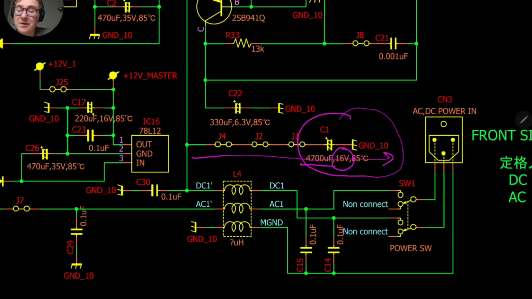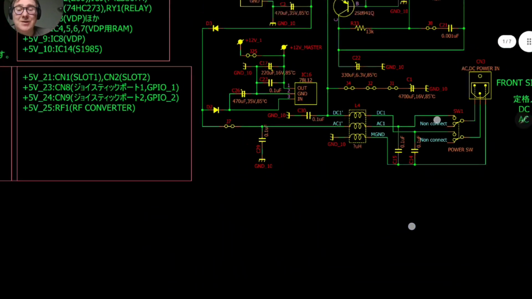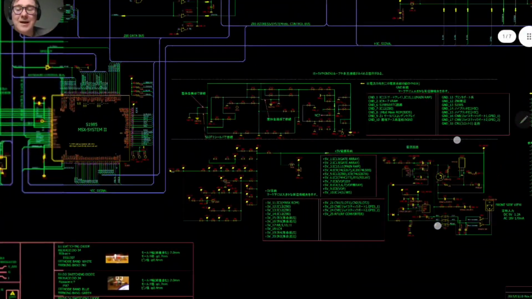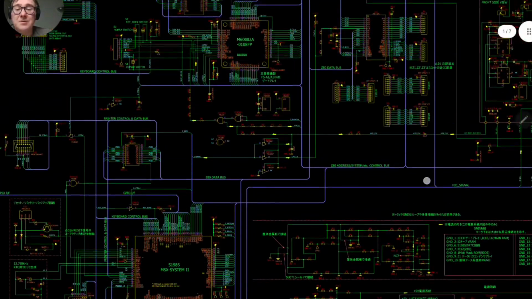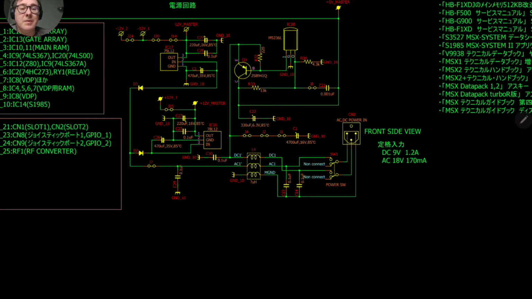It doesn't mean that at this moment it's not working. It's working perfectly, but after 40 years, I would say it's better to change it. Actually, I will change as many capacitors as I can on this board. There's no reason not to change them. So I will be changing them.